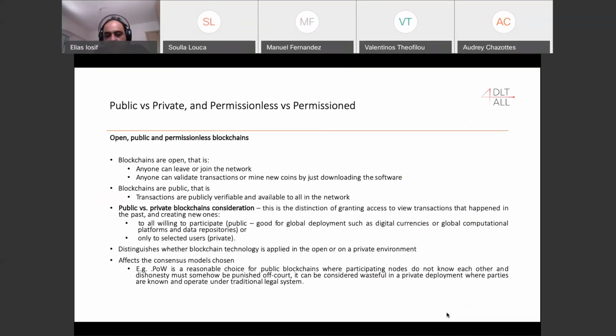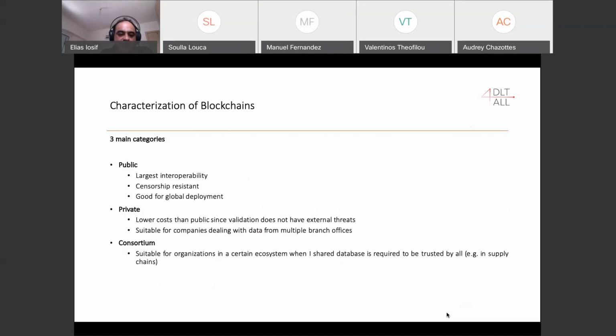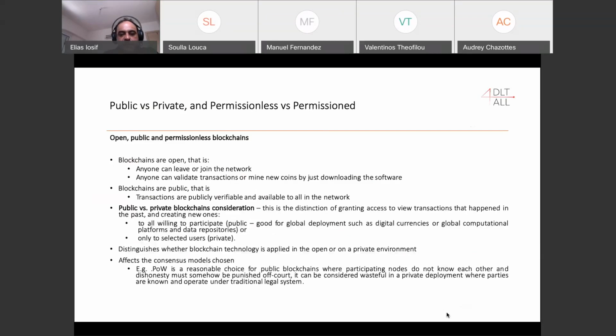Probably proof of work is the most appropriate for public and open blockchains. However, this is not always the case for other types of blockchains. For example, going back to the private type of networks, here proof of work is not always applied.